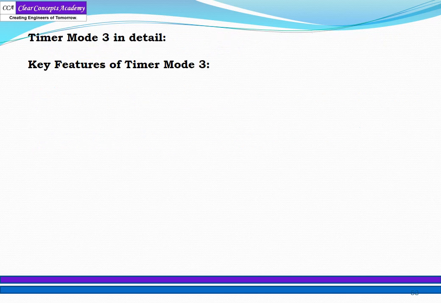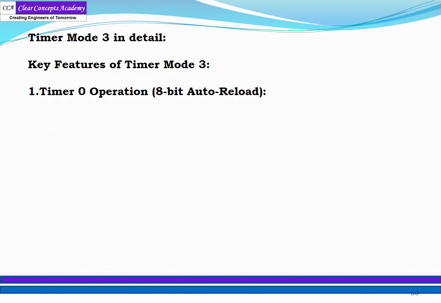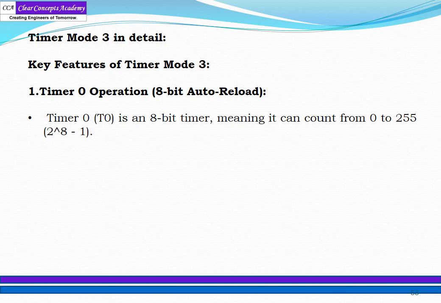Timer mode 3 in detail. Key features of timer mode 3. What are the features of timer mode 3? 1. Timer 0 operation, 8-bit auto reload. Timer 0, that is T0, is an 8-bit timer, meaning it can count from 0 to 255, that is 2 raised to 8 minus 1.